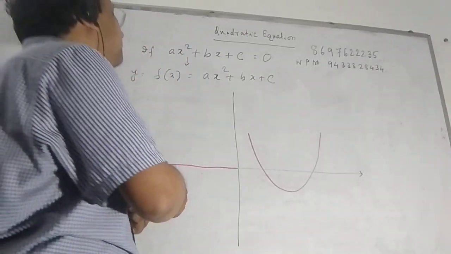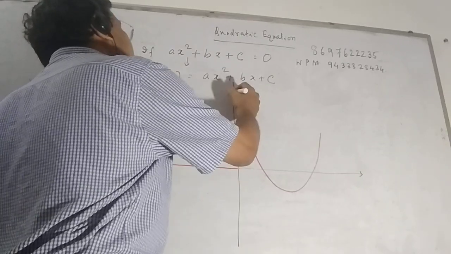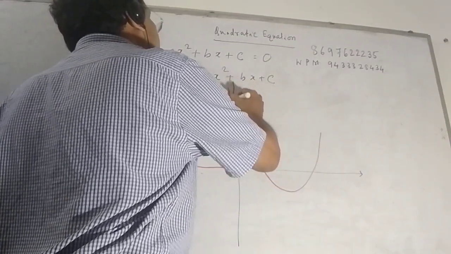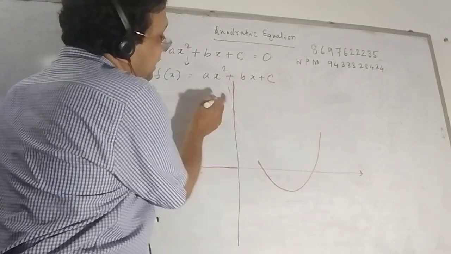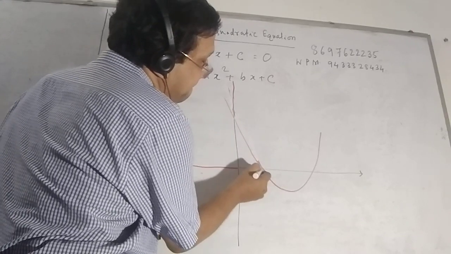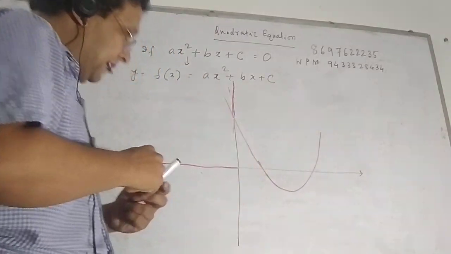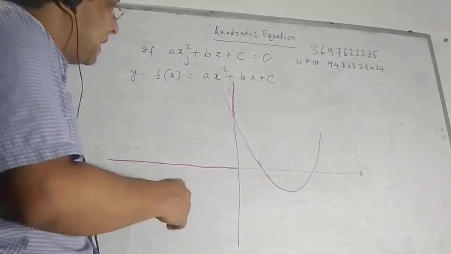And also, if I extend it like this, so that it intersects, let me draw it perfectly. See, this is a parabola I drew.